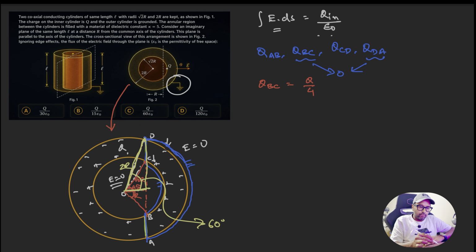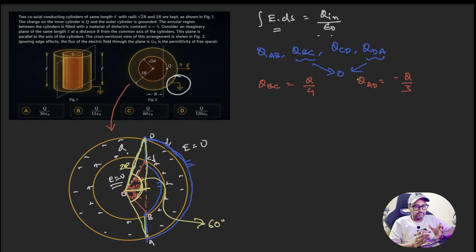Now if we again look at the total section, if we join this over here, this entire angle would be 120 degrees, which means it is representing 1/3 of that circle. So the charge outside will be this total divided by 3, which is the charge on the AD surface is simply given by minus q by 3.